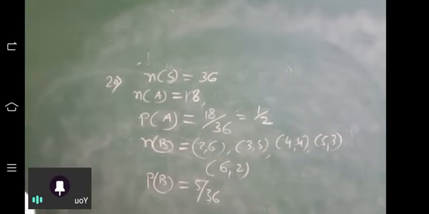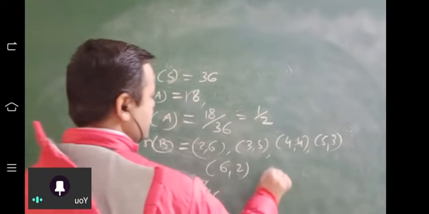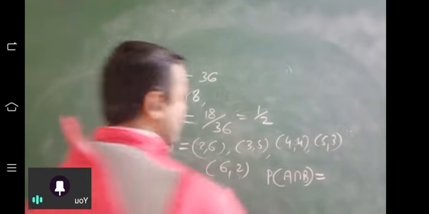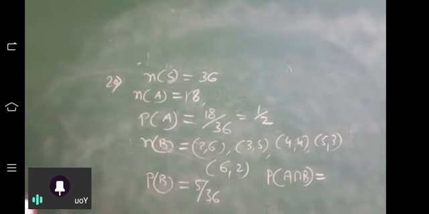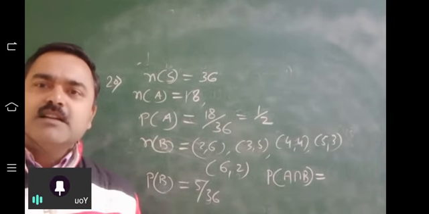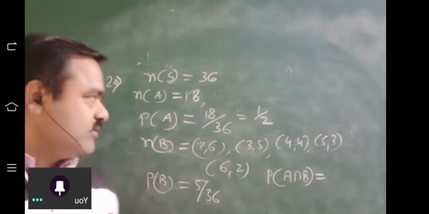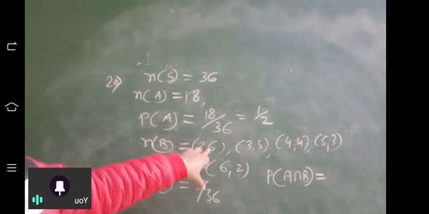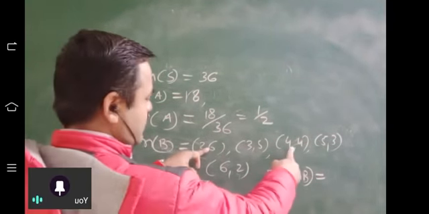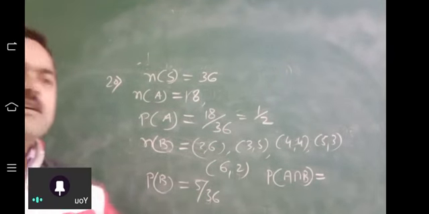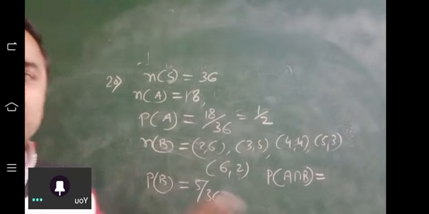Now, how many outcomes are there which are common, where both the first die is even and the sum is 8 also? If both the sum is 8 and the first die is even, look, these are 1, 2 and 3. So 3 are common, which have the first die even and the sum 8 also.